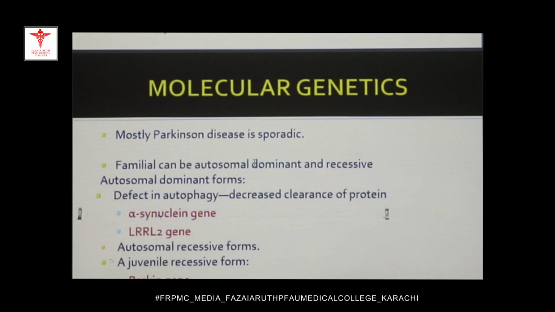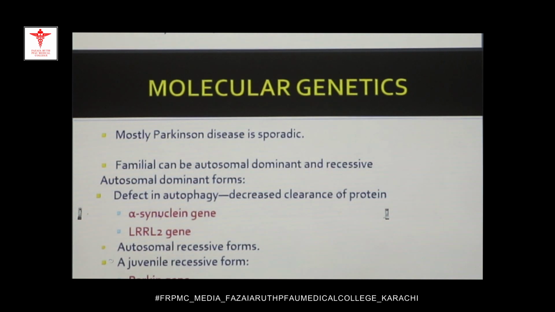Now, the genetics of Parkinson's disease. Basically there is accumulation of alpha-synuclein protein, which is actually normally present and concerned with synaptic transmission. But here there is abnormal accumulation of this protein, which may be because of an autosomal dominant or autosomal recessive pattern of inheritance.